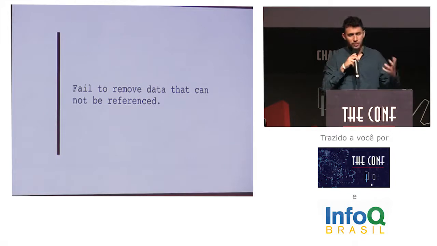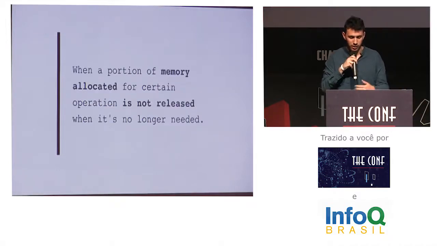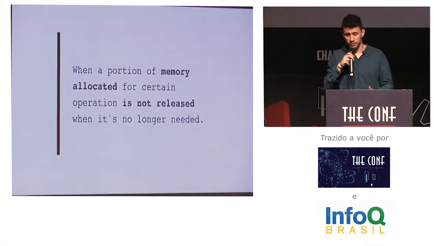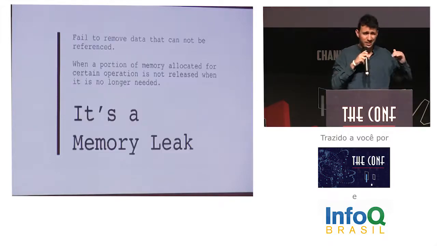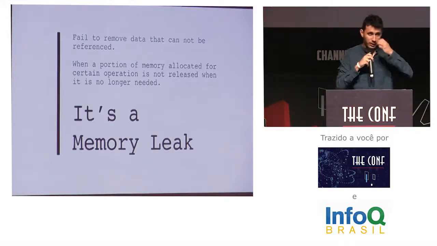So when you fail to remove data that can no longer be referenced, or when a portion of memory allocated for certain operations is not released when it's no longer needed, there's your famous memory leak.